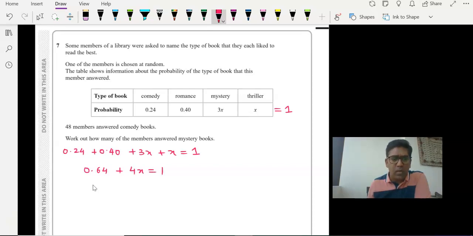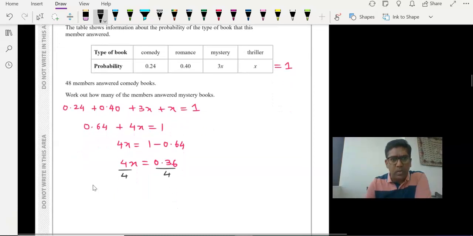To solve this equation, you subtract 0.64 on both sides. So 4x will be 1 minus 0.64, that gives you 4x equal to 0.36. I want to find the value of x, so divide both sides by 4. That should give you x equal to 0.09.